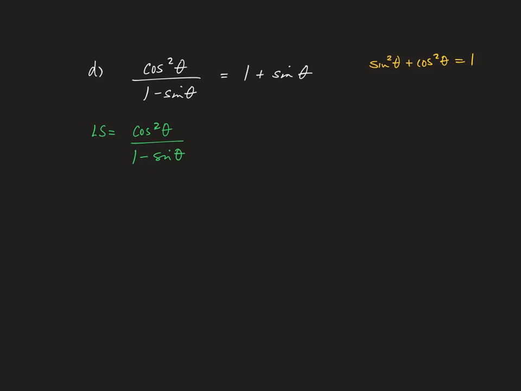But what's very important for us is that since we have already proven this identity, any manipulations of it are also true. Which means that if I had a sine squared theta, that would equal 1 minus cos squared theta, because I would just get rid of my cos squared.